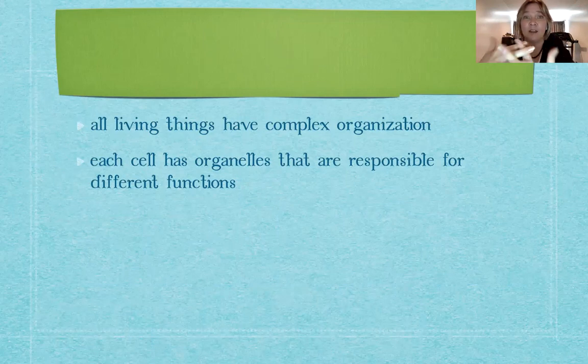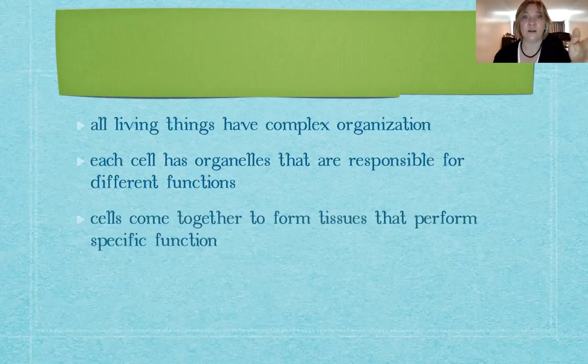None of your organs work independently of each other. They all work together so that you are able to survive as a living being. Cell organelles do the same thing, and you'll learn about that in a later chapter, but the cell has many small little parts called organelles that each have their own function that all work together.